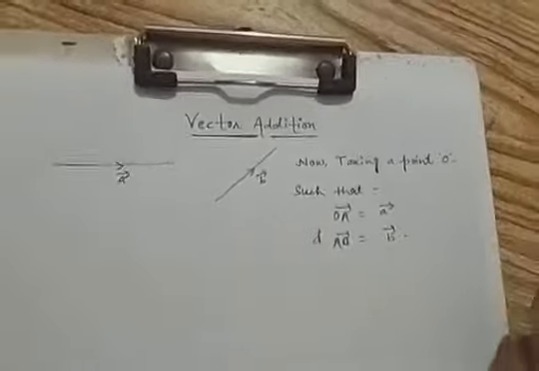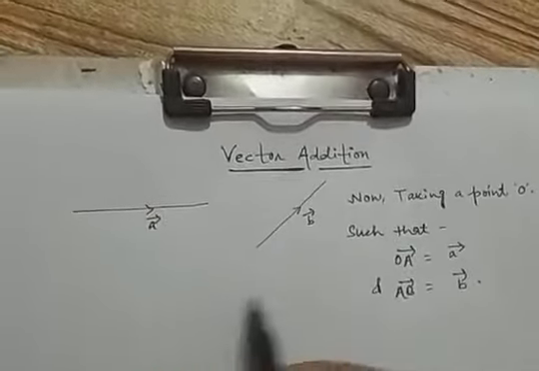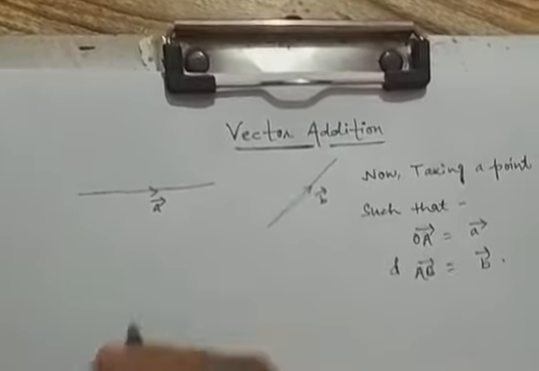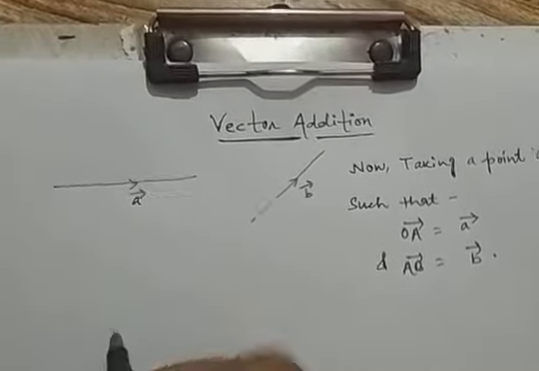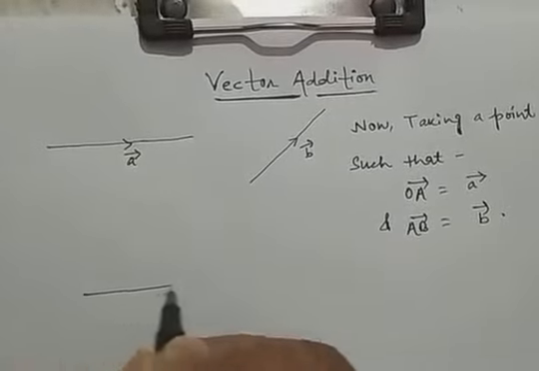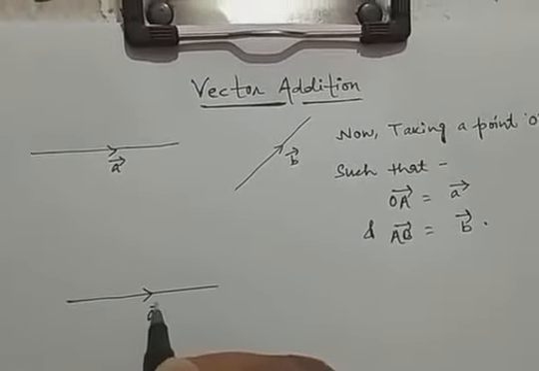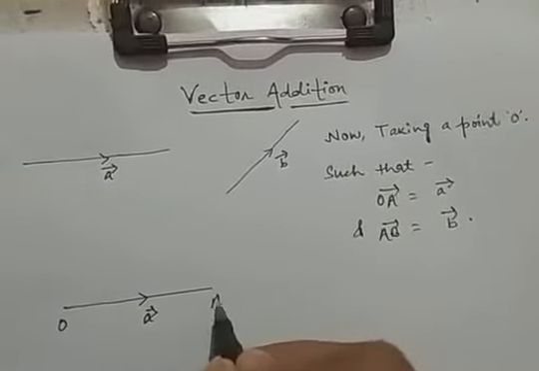Okay students, so now let's draw a figure here. This is vector A, named as vector OA.